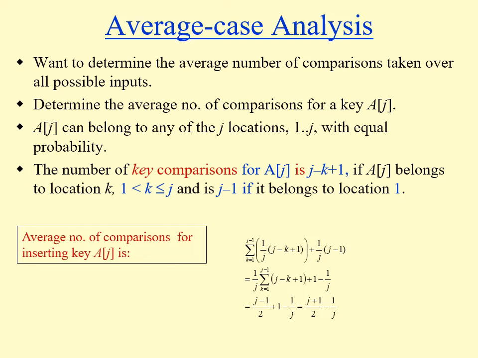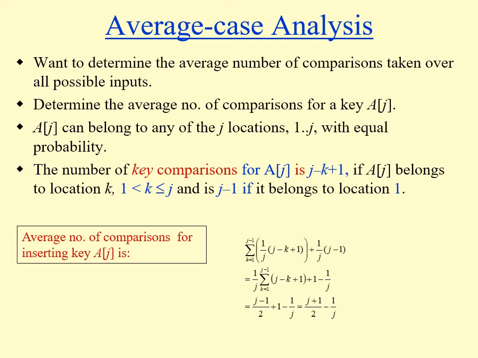So here we consider all the cases we mentioned before. Each chance is 1 over J, and then we consider all the chances weighted by the number of key operations, key comparisons. Here we count only key comparisons.